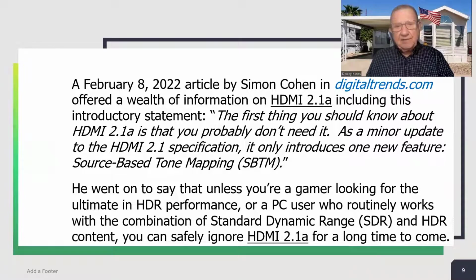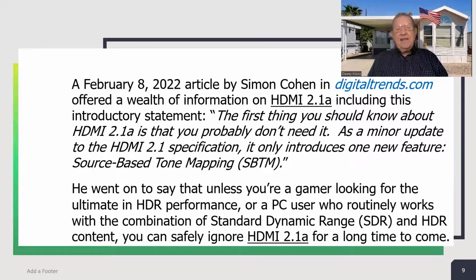introductory statement. Listen on. The first thing you should know about HDMI 2.1a is that you probably don't need it. As a minor update to the HDMI 2.1 specification, it only introduces one new feature, source-based tone mapping, called SBTM.